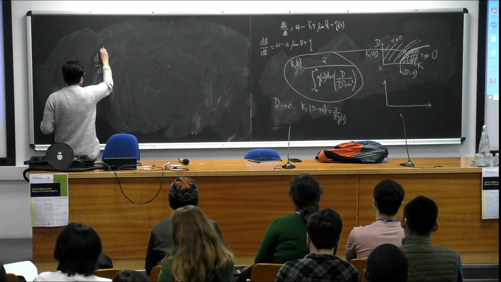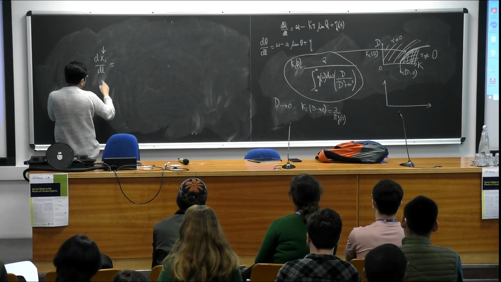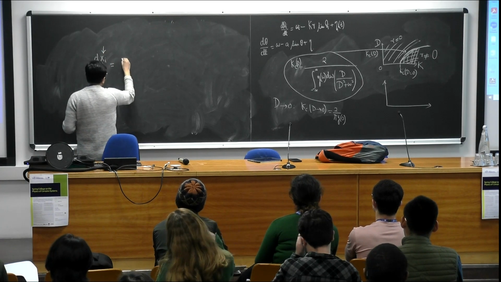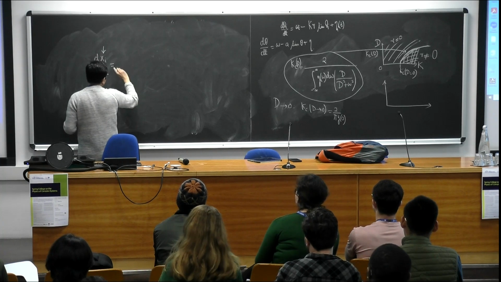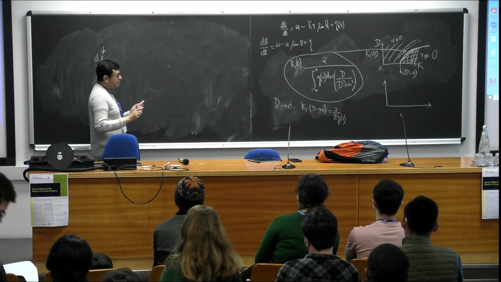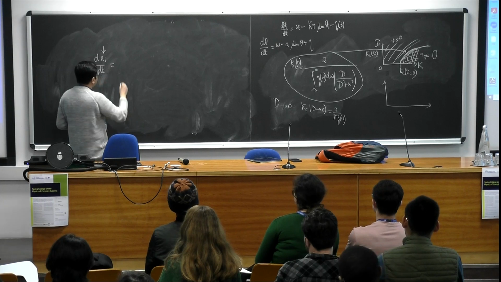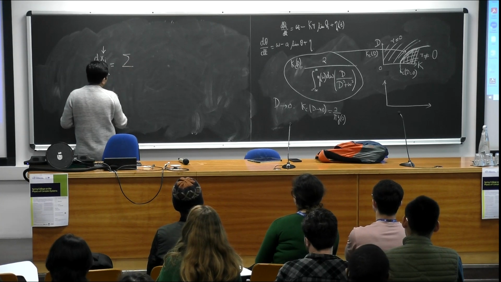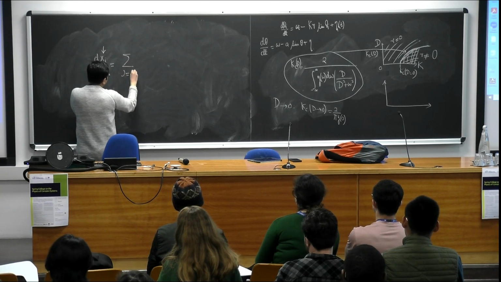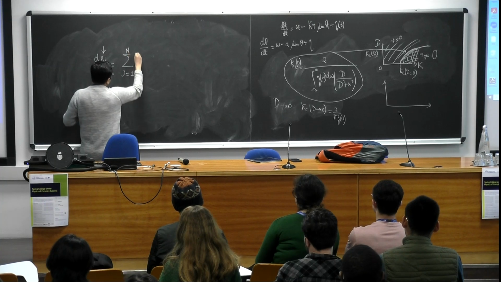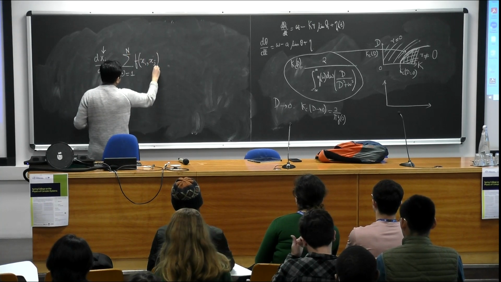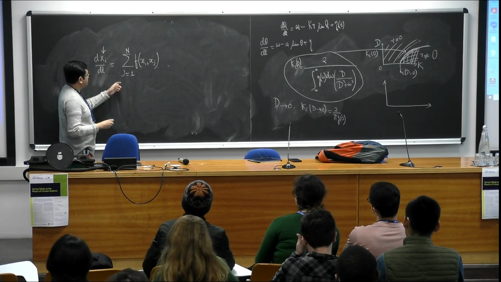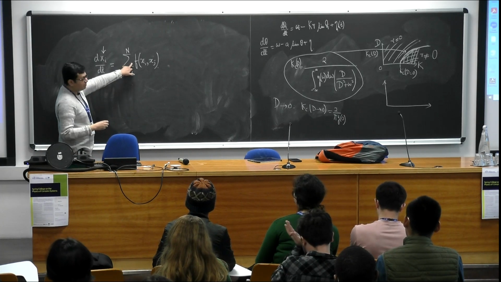Let's say this is the dynamical variable, and it may be written in a form such that all the xi's are coupled with equal coupling. Let's say the sum over j equals 1 to n of some function of xi and xj. You see the coupling is the same.